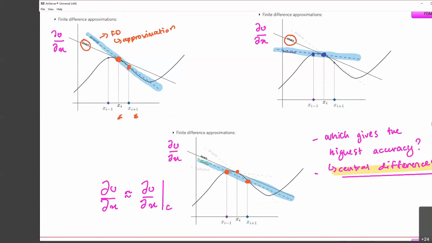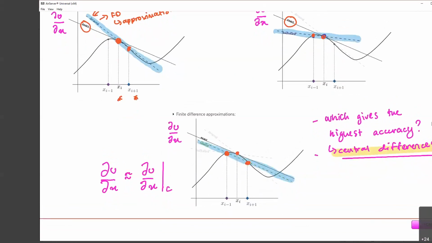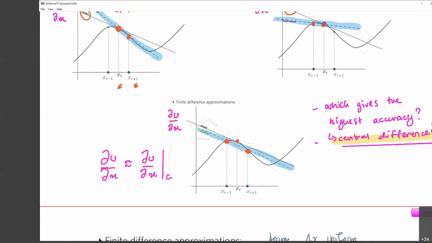Forward difference has this line which touches the 2 points on the plot. Backward difference touches 2 points, xi and xi minus 1, and central difference touches these 2 points, xi minus 1 and xi plus 1.